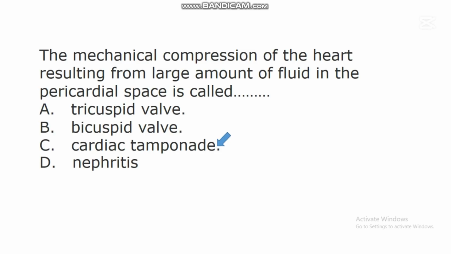But if the quantity of this fluid within the pericardial space is above normal, it can lead to this heart problem known as cardiac tamponade. So in this situation, there will be a mechanical compression of the heart due to excessive accumulation of this pericardial fluid within the pericardial space, and this is one of the heart problems that disturb the health of people.